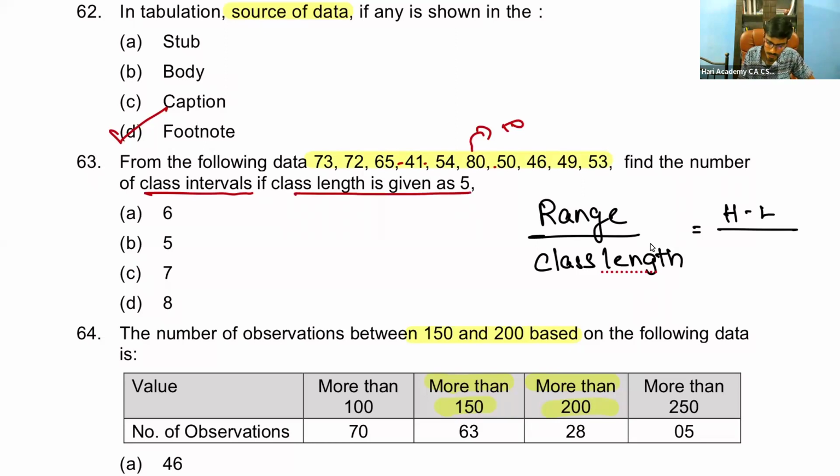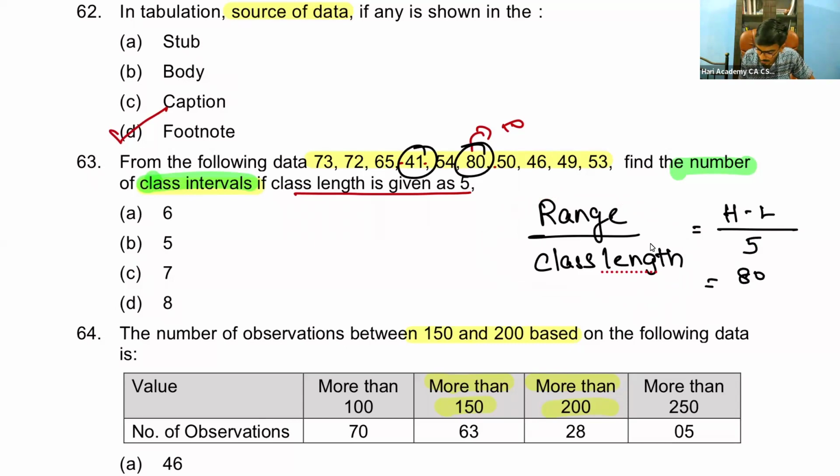Whenever this kind of question arises, they are asking you to find the number of class intervals. You can directly apply the formula: range divided by class length. The range is highest minus lowest. What is the highest number over here? 80 is the highest. What is the lowest number? 41. Divided by class length, here 5.